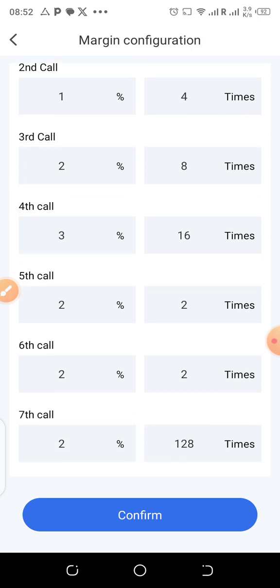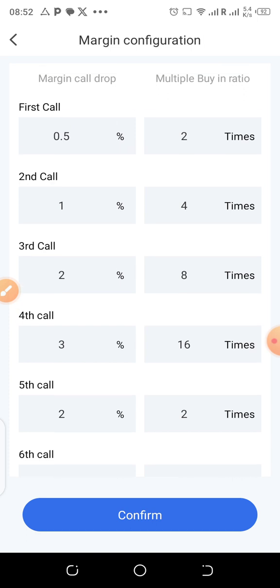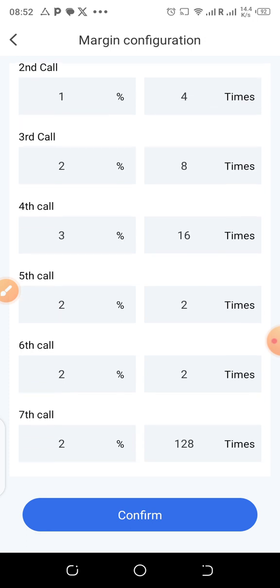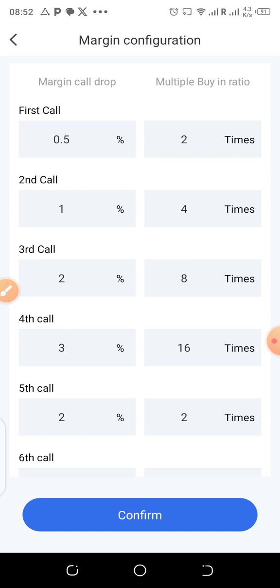So let me hope that we are still on the same page. If you don't have capital, you can use what we call the Fibonacci. But always the double up method is the best.